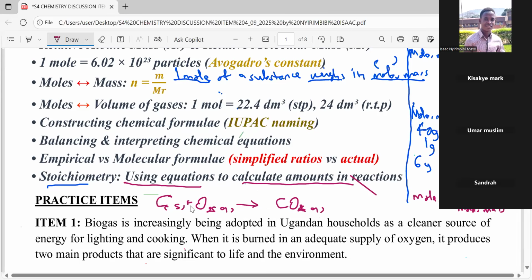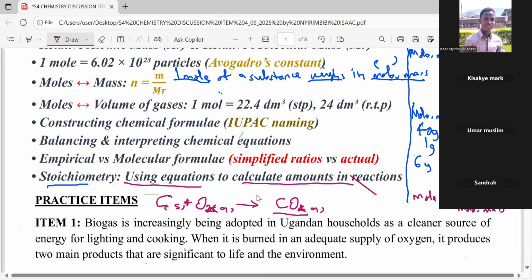Now that the equation is balanced, we can calculate any question on this equation, so long as we are given a hint. For example, they can ask, calculate the amount of carbon dioxide produced if 2 grams of carbon is burnt in air. Are you seeing that?